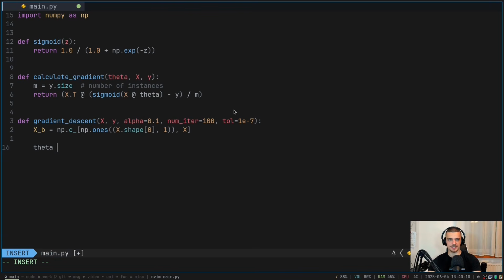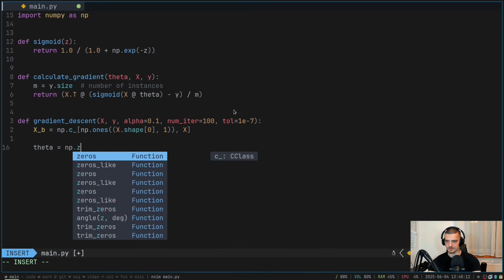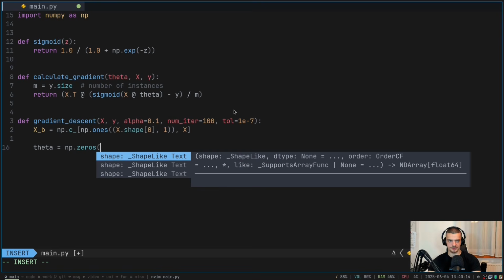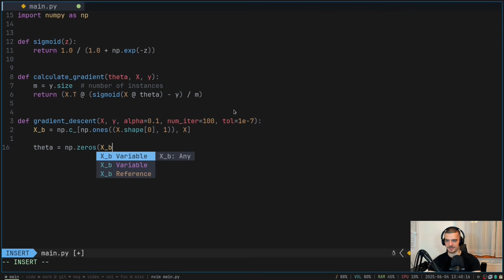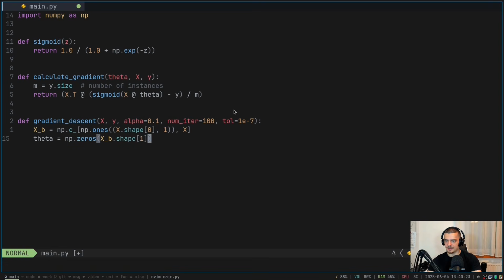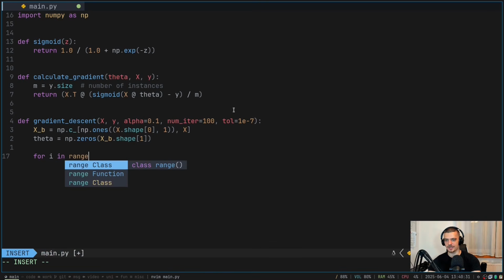Then we say theta is essentially just a bunch of zeros with the same shape as an individual instance of x_b. And that is essentially the idea. We have now our inputs. We have our theta, which starts at 0. And then we say for i in range, number of iterations, we're just going to do the gradient descent.